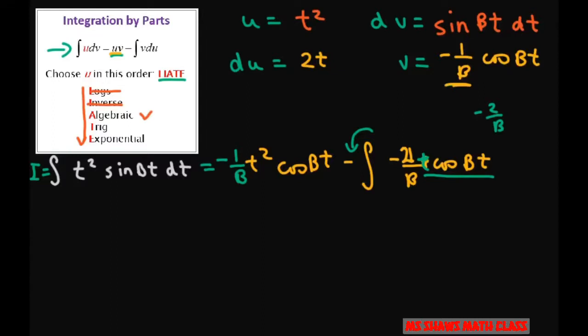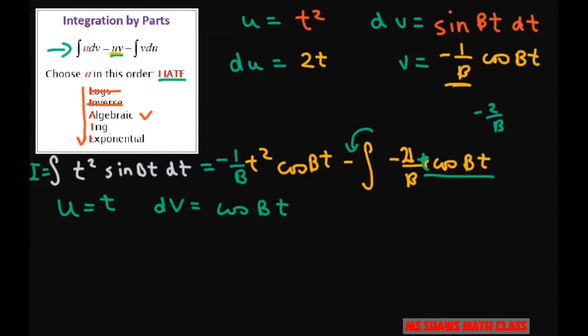So let's just look at t cosine of beta t. In that case, we'll let u equal t. And dv is going to be everything else, which is just cosine of beta t.